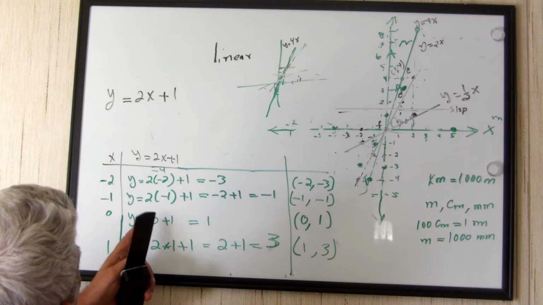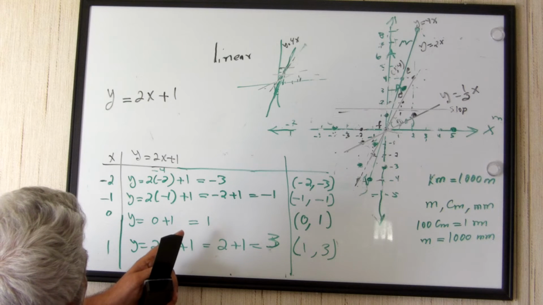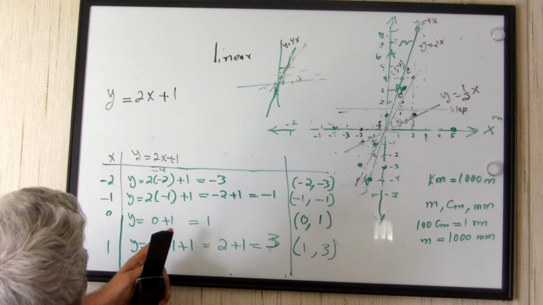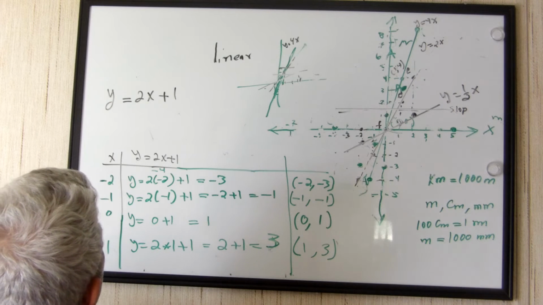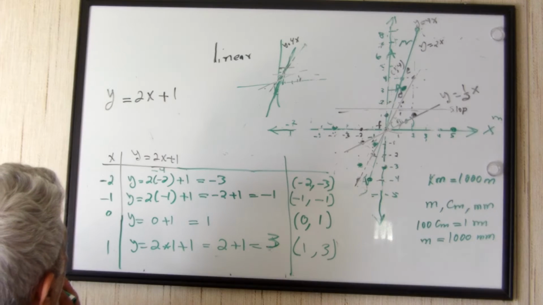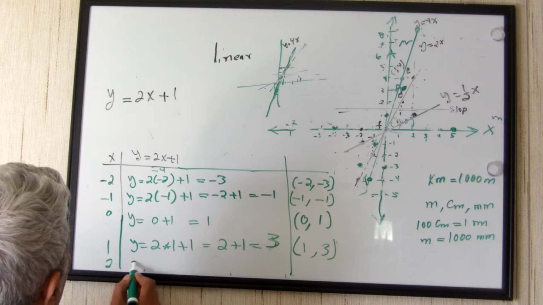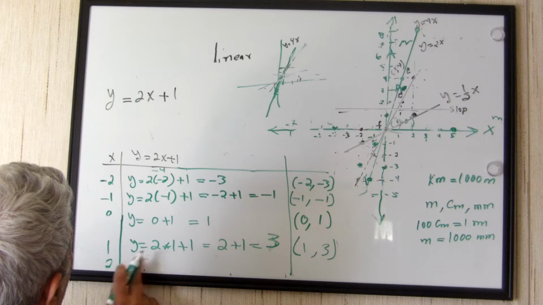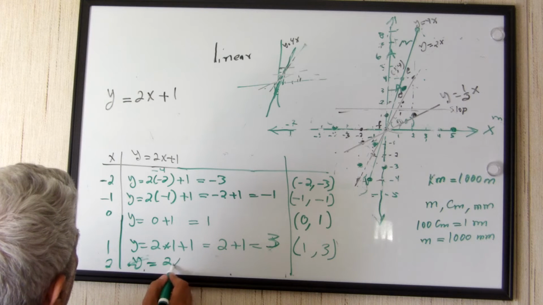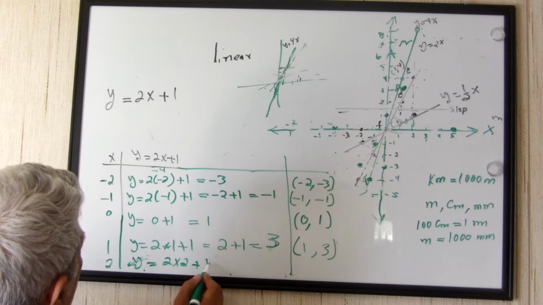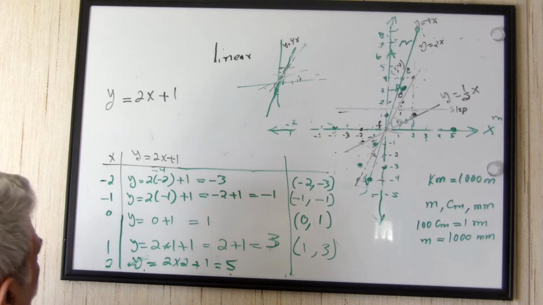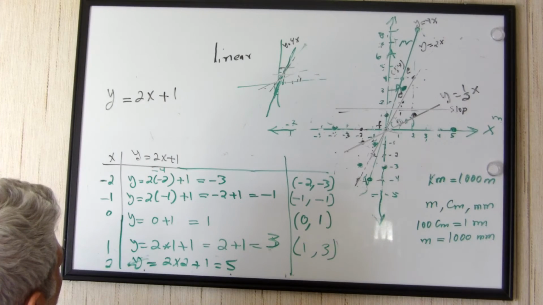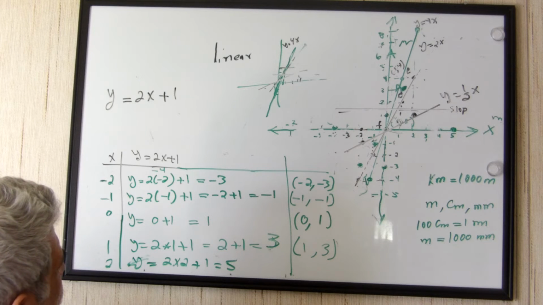Okay, so I think we did everything. For 2x plus 1, y is 2 times 2 plus 1, which is equal to 5.